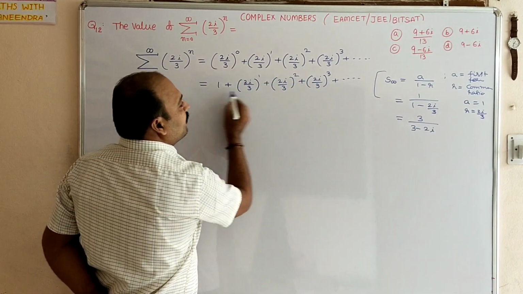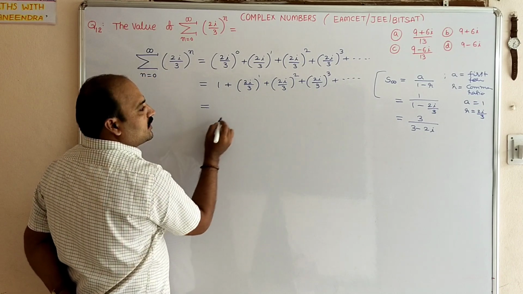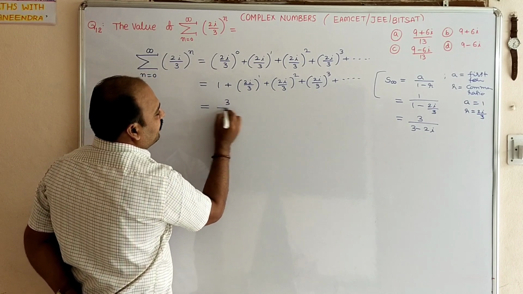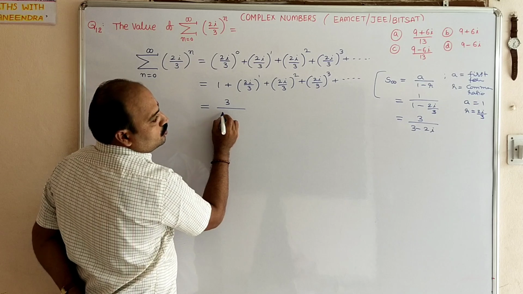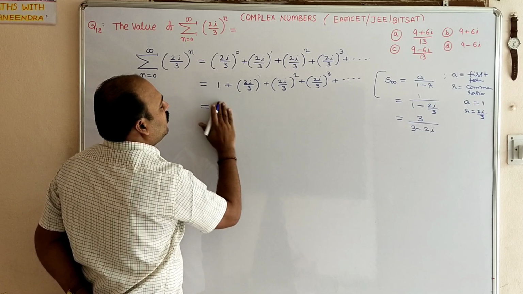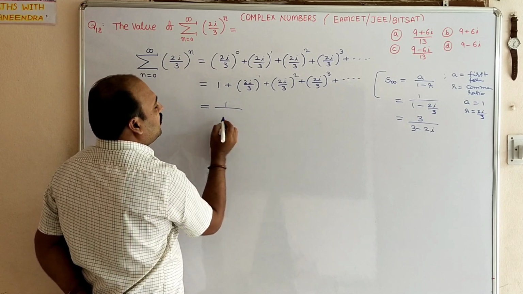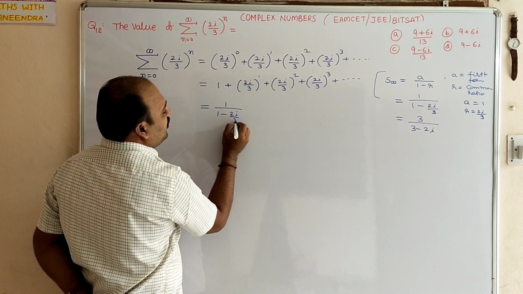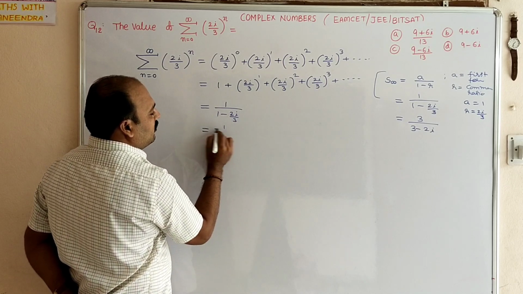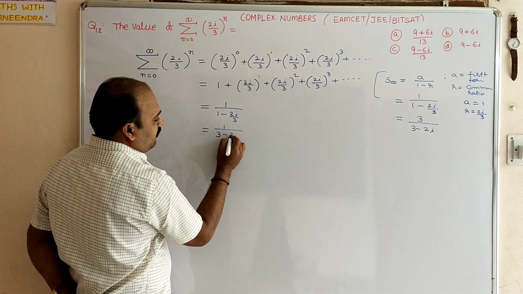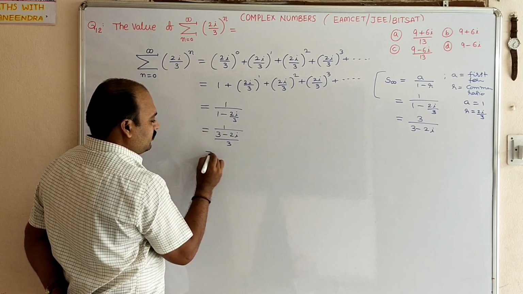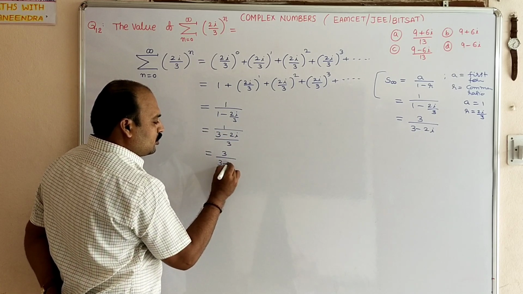So this complete series value becomes S infinity, which is 1 by 1 minus 2i by 3, equal to 1 by (3 minus 2i) by 3, which is equal to 3 by 3 minus 2i.